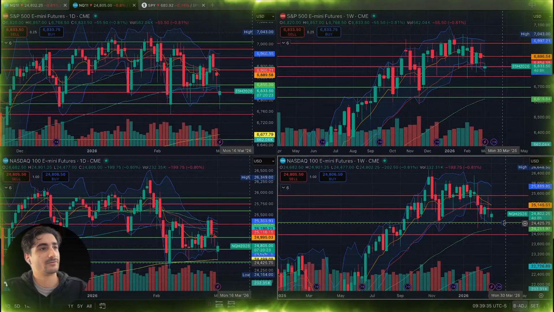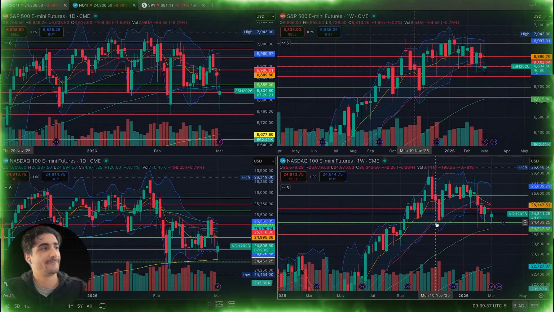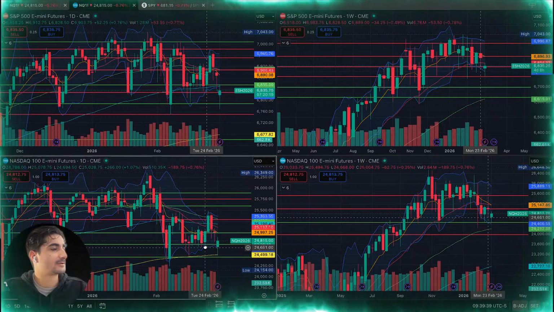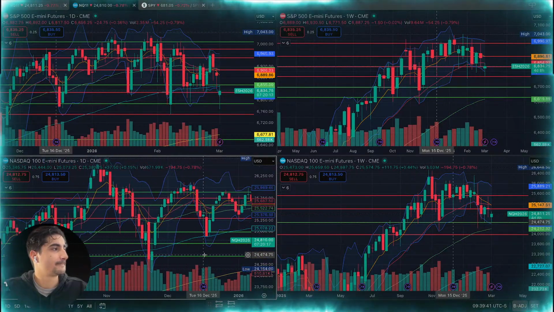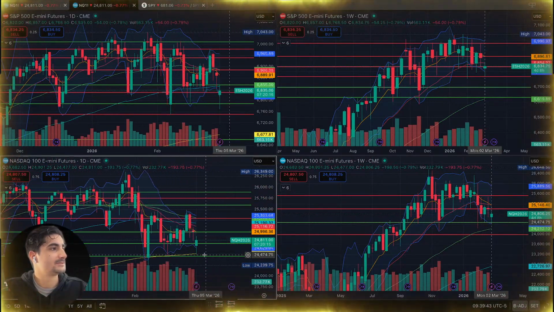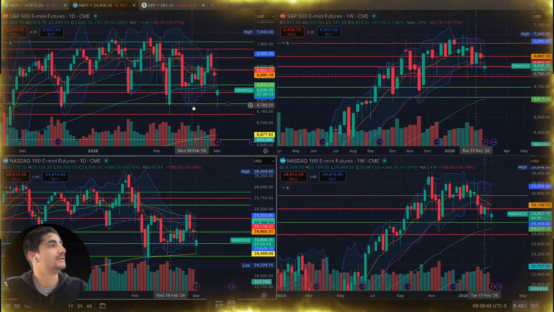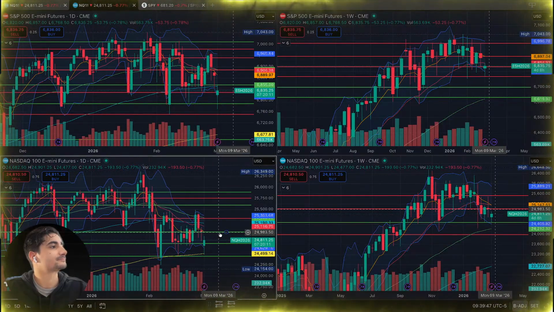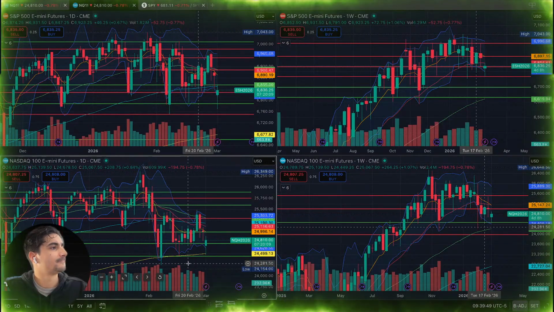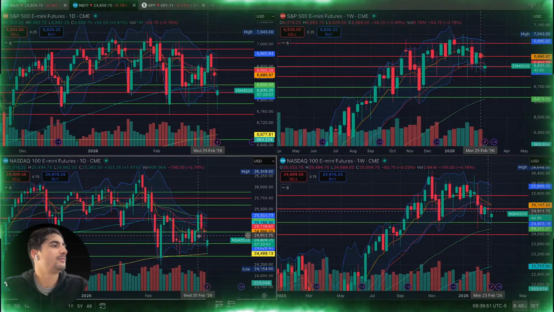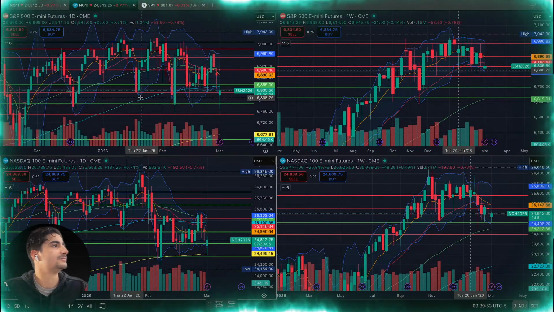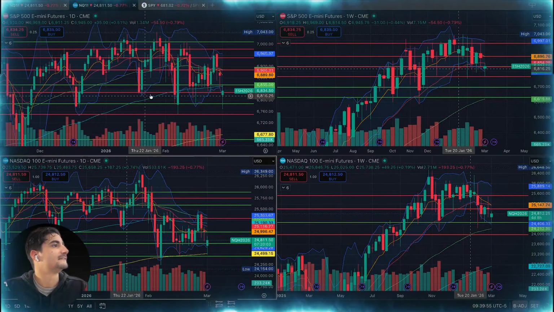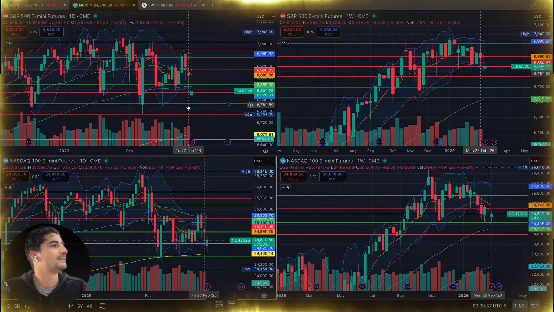So we couldn't even break the low here. We did react to the 200 EMA. Nice. And on ES, we're basically already back into the range too. It's kind of crazy.